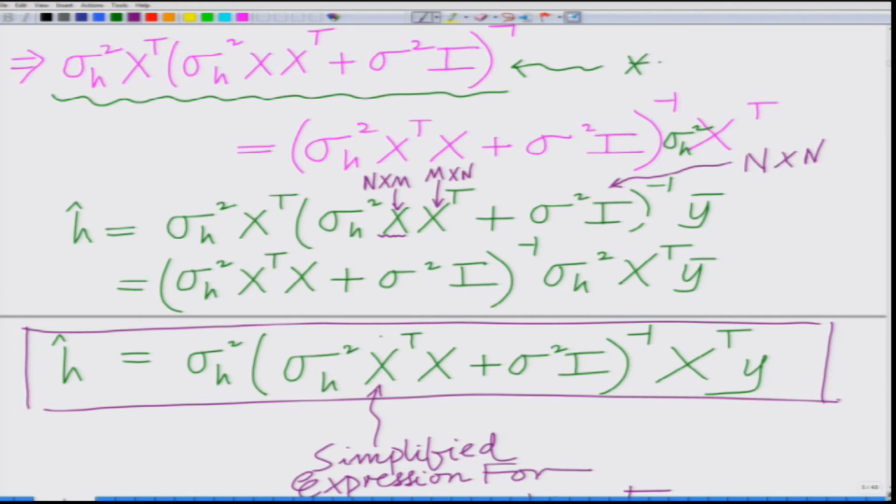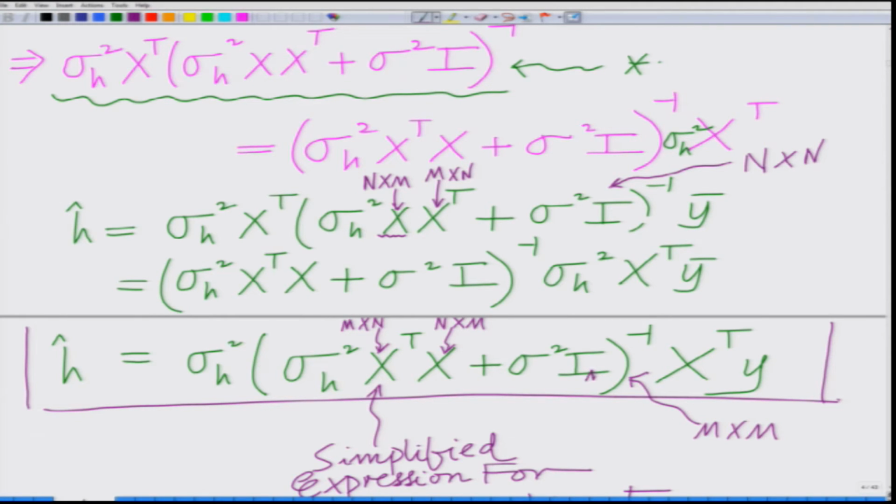But if you look at this quantity, x transpose is m cross n, x is n cross m. So, this sigma h square x transpose x plus sigma square identity is an m cross m matrix.